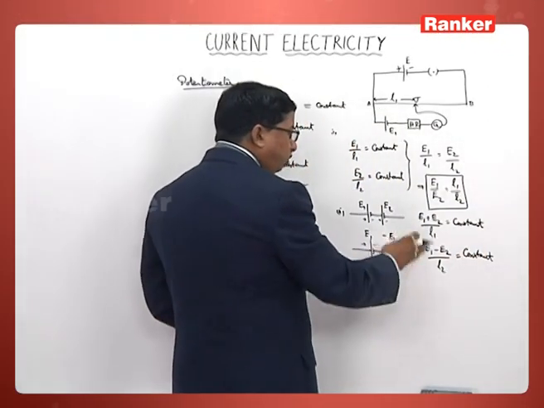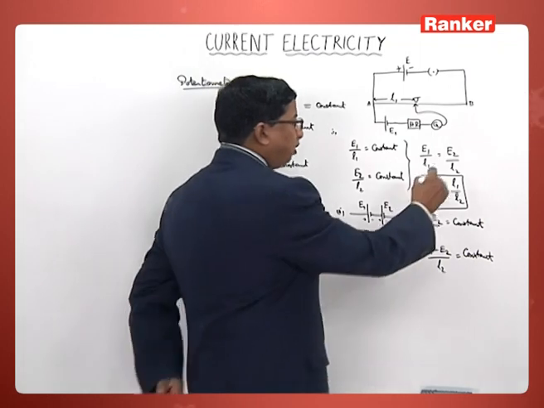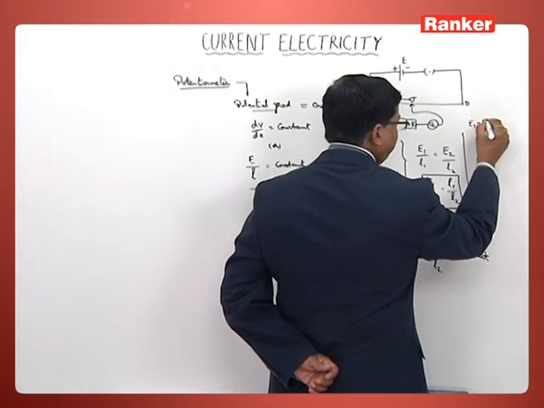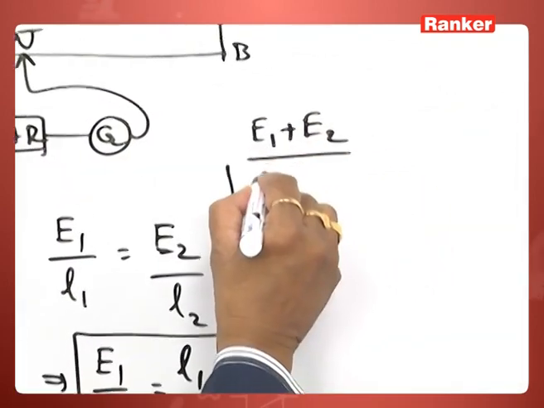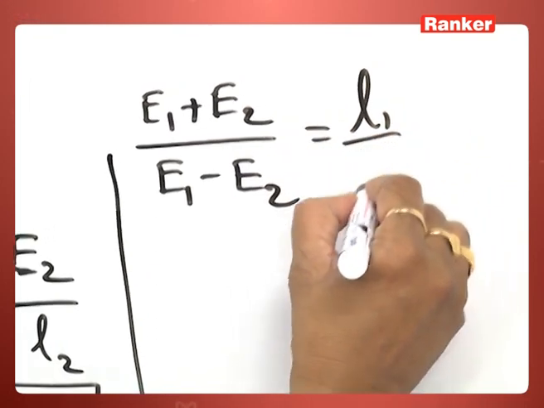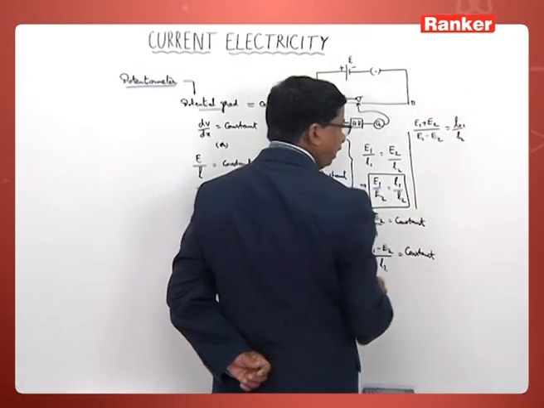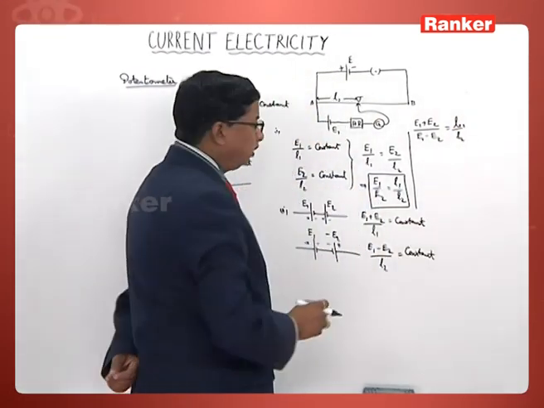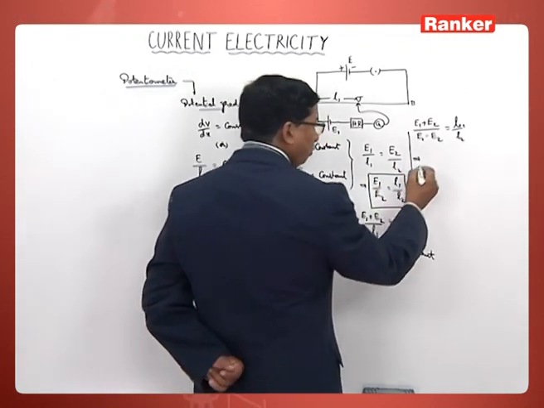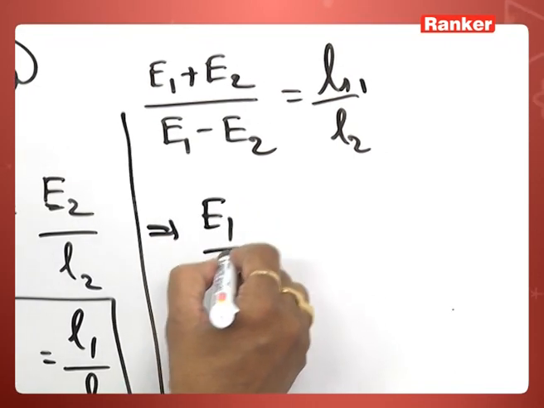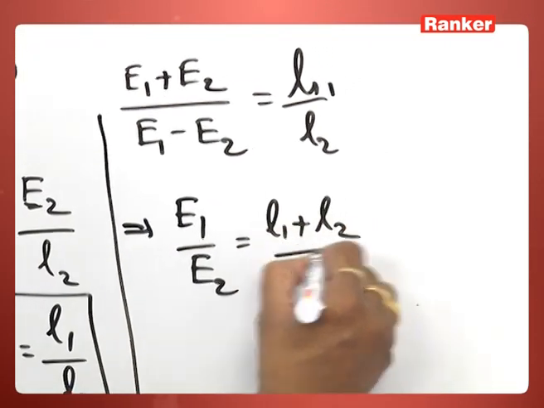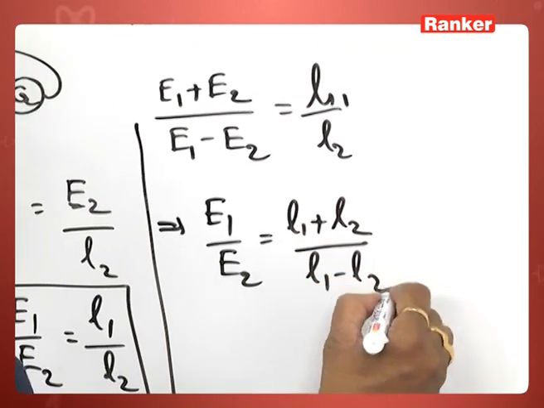Now, if you equate these two, what is the ultimate outcome you can get? E1 plus E2 by E1 minus E2 will now be equal to L1 by L2. That you can apply by taking componendo dividendo. You can write E1 by E2 is equal to L1 plus L2 by L1 minus L2.